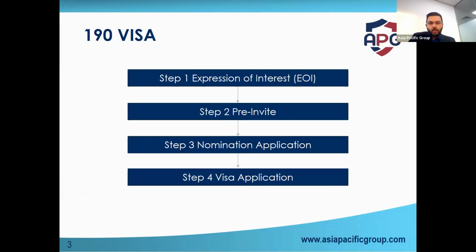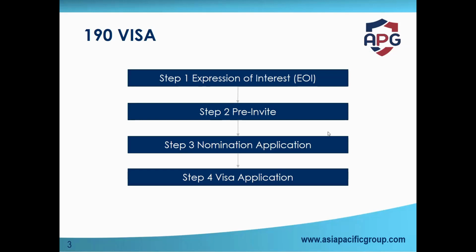Okay. So guys, first of all, let's quickly discuss the 190. How it works is basically still the same rule as before. The eligibility criteria has changed a little bit, but the process has remained the same. Meaning, you apply for the expression of interest, then you wait for the pre-invite if you meet all the criteria, and then once you get the pre-invite, you apply for the nomination application.